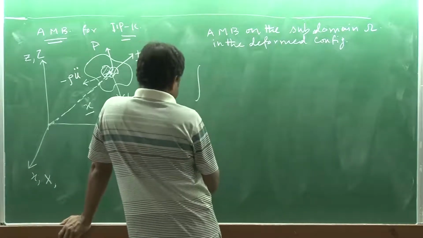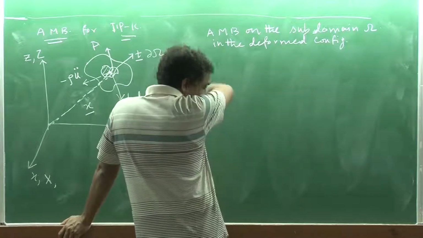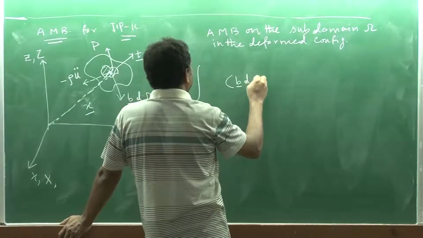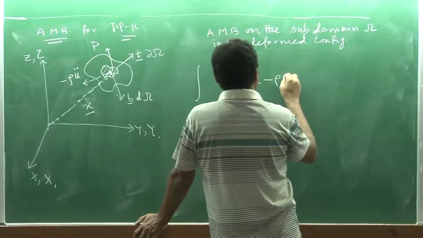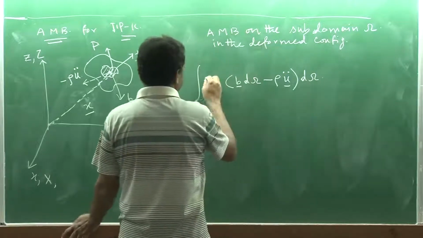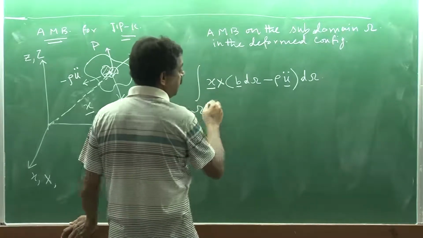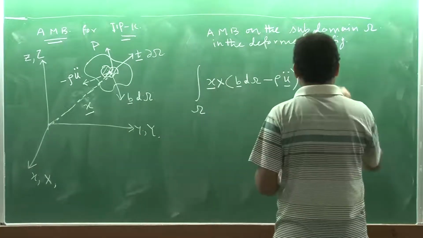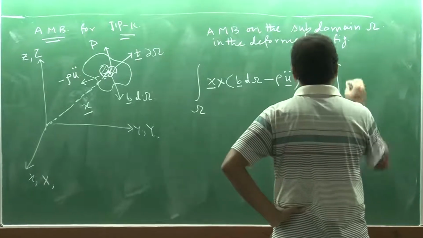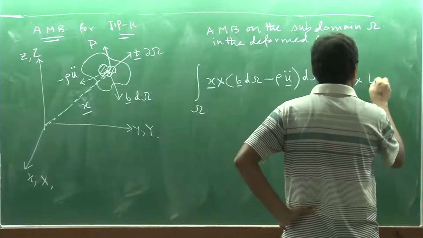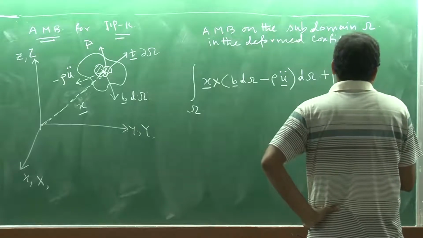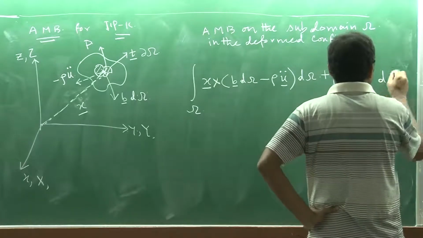So, integration, so b bar d omega, minus rho u double dot bar d omega, cross x bar, this is with respect to the origin, and then t bar cross x bar over the surface.